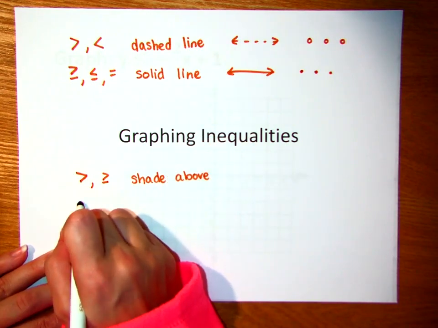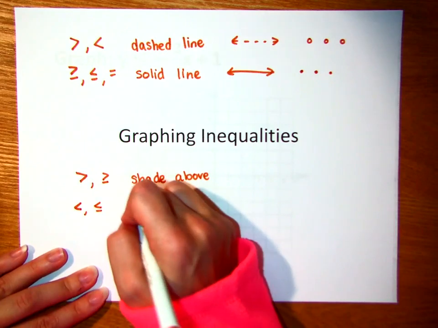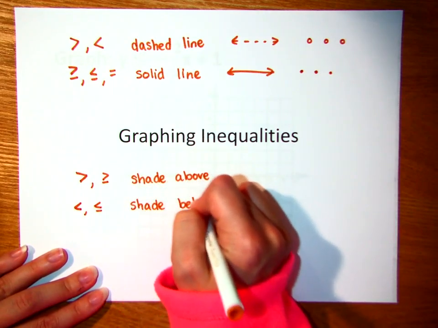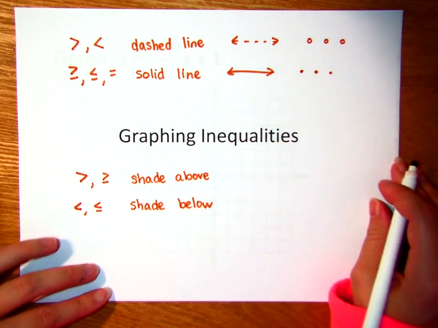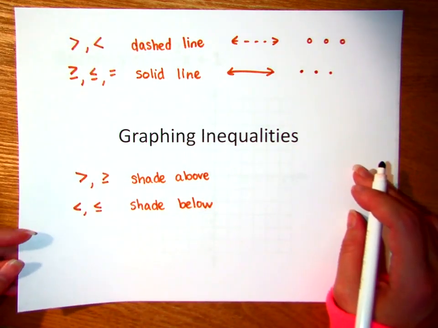Versus if you see the symbol less than or equal to, you're going to shade below. Now, some students prefer to do a test point, and I'll show you how to do that as well, and you can pick which method you prefer to use.